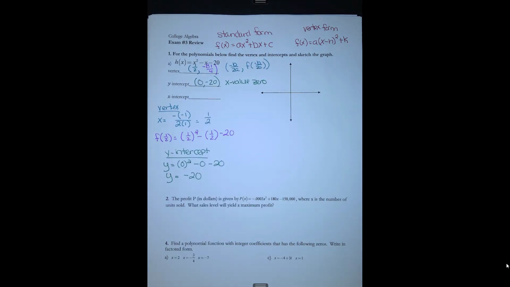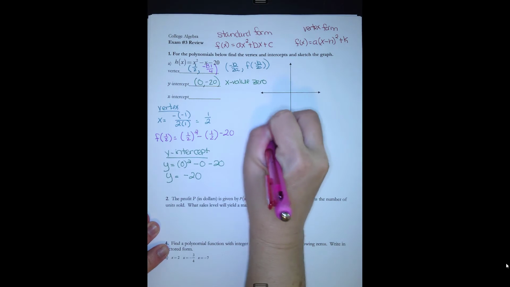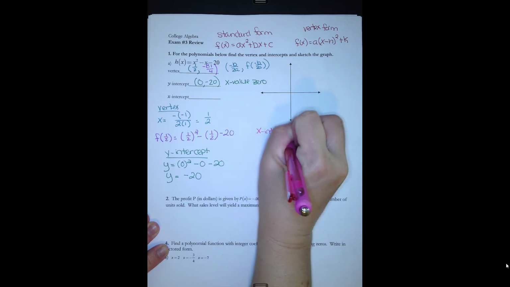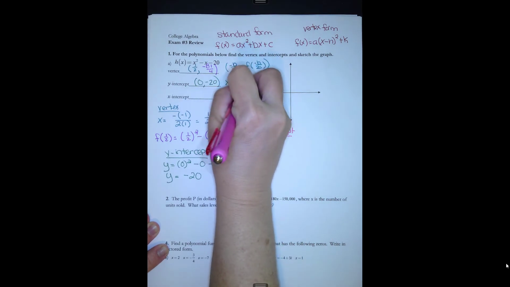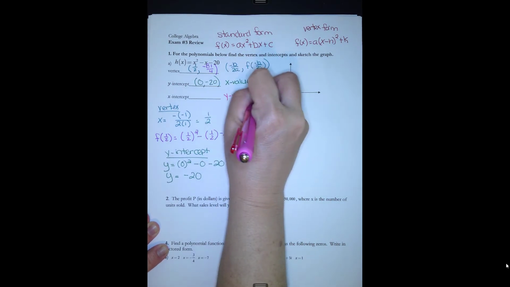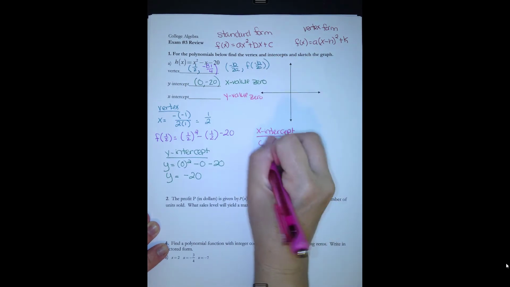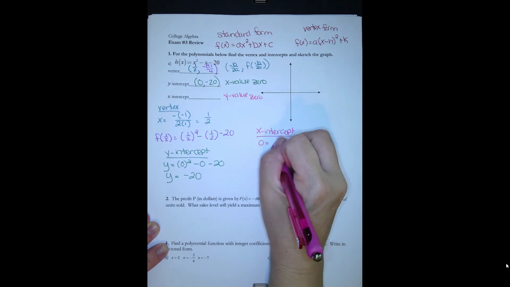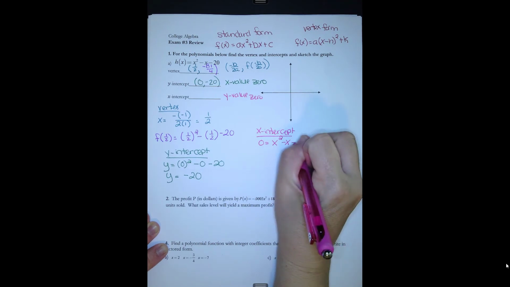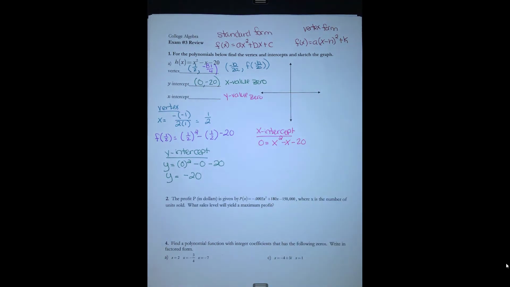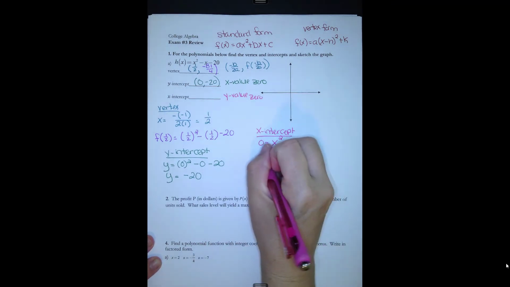And then finally, we're going to find our x-intercept. To do so, the y value is 0. So we have 0 equals x squared minus x minus 20. And oh my goodness, we get to do my favorite thing, and we're going to factor.